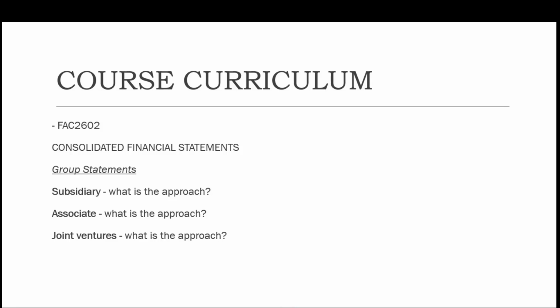I would like to find out, is it advisable for one to register both modules, the 2601 and the 2602? Are they doable together in one semester? As far as I know, one was a prerequisite for the other. I thought you need to pass 2601 before you can do 2602.